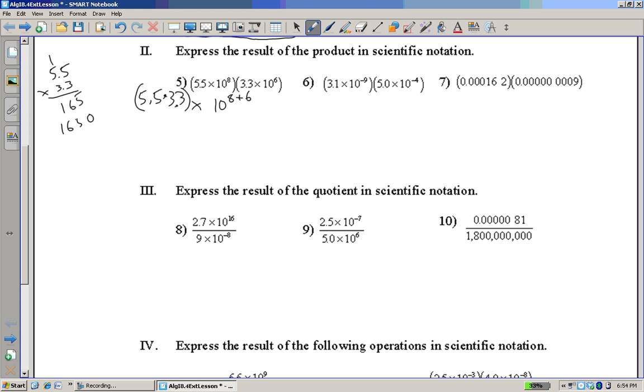Same thing here. Okay, so we have 1, 2 decimal places, so 2 digits to the right of the decimal. We have 18 and 15 hundredths times 10 to the 14th power. It's very poorly written.